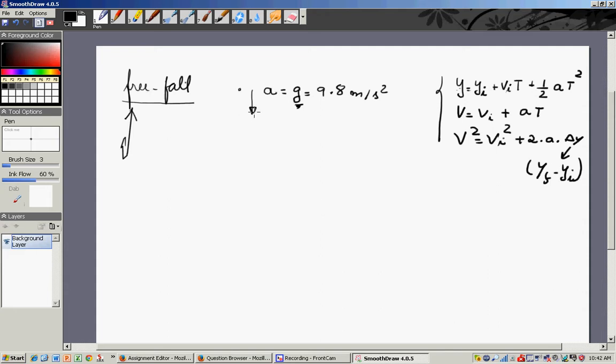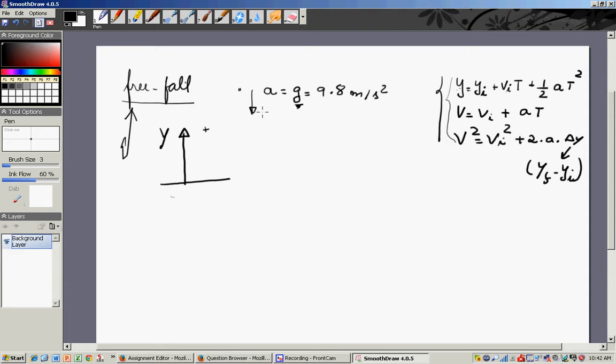Then the acceleration always has this orientation, pointing down, with this constant value of 9.8 meters per square second. So as I solve problems, I will always set my y-axis pointing upward, which means all vectors that are oriented upward will receive a positive sign in one of my three equations right here.